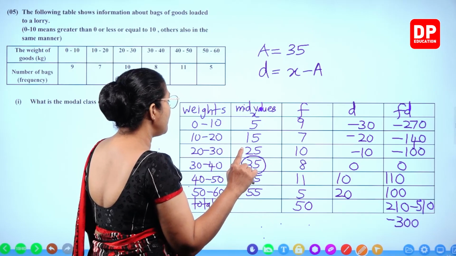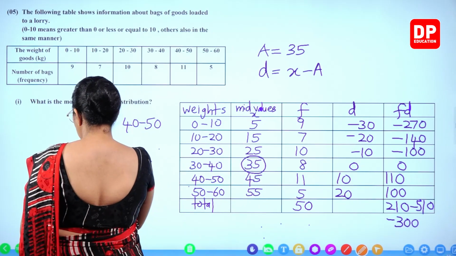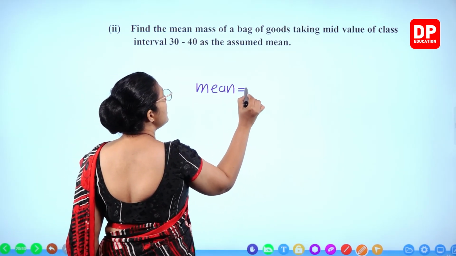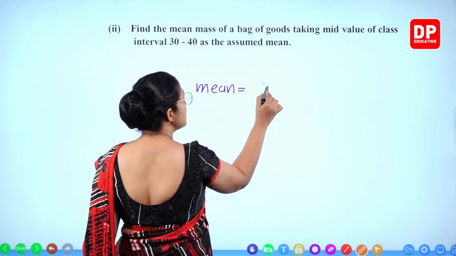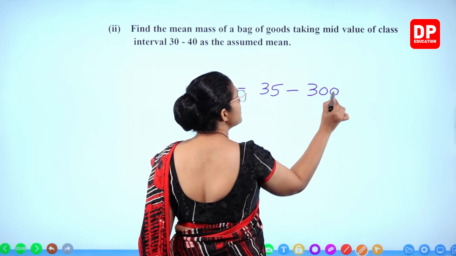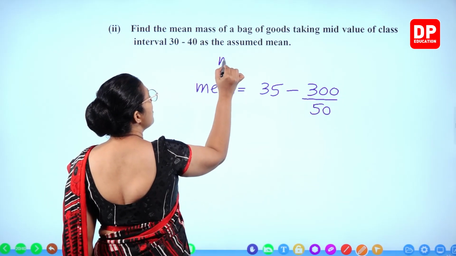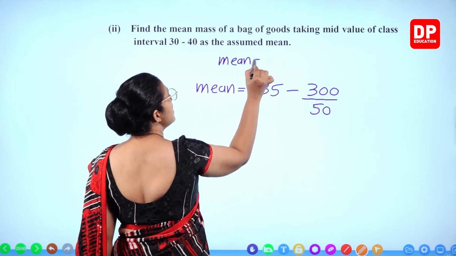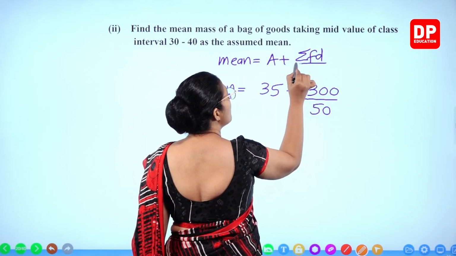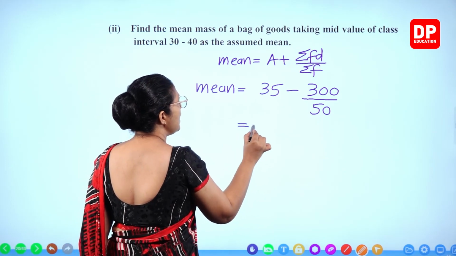So minus 300 and total frequency 50. So how do you find the mean value? The mean value becomes the assumed mean we took as 35, and sigma FD is minus 300 and sigma F is 50. Can you remember the equation? Mean is A plus sigma FD over sigma F. Now simplify and find the mean.